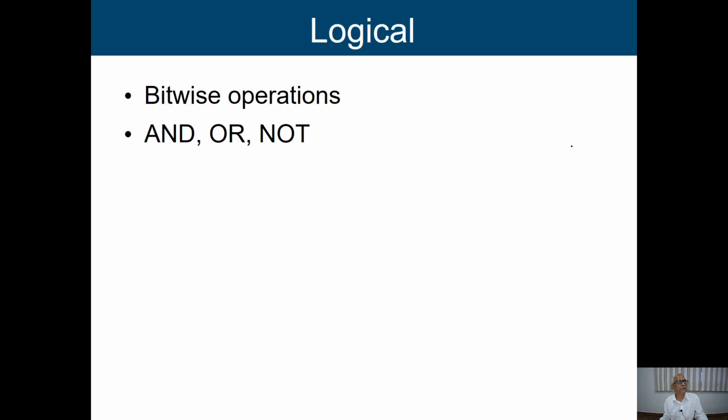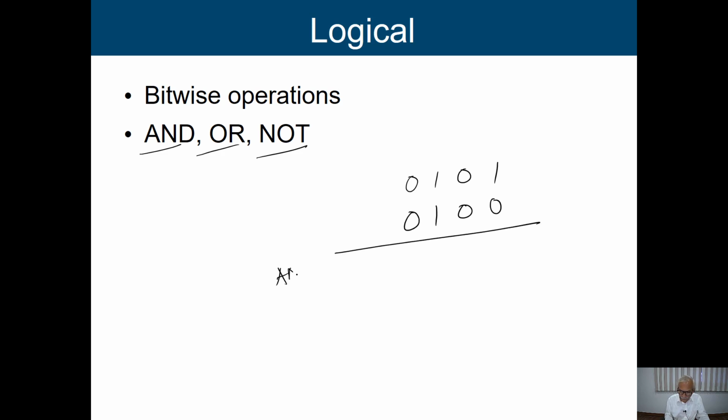Now we have the logical operations. They are like bitwise operations. These are the operations: AND, OR, NOT, XOR, NAND, and NOR, all those things. They perform bitwise operations. So if I work with 4-bit numbers and perform the bitwise AND, what will be the result?